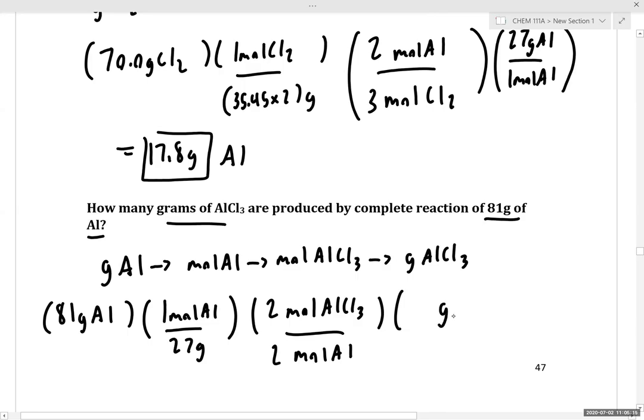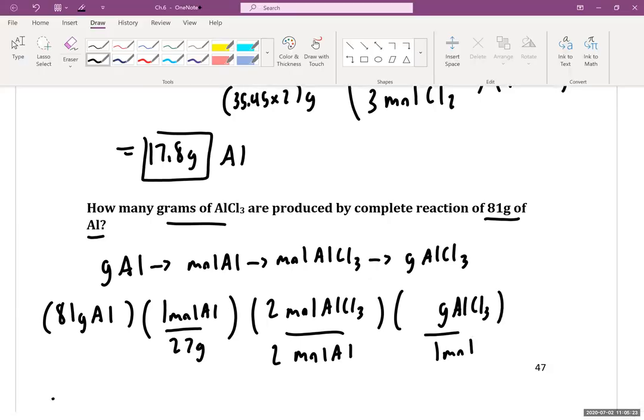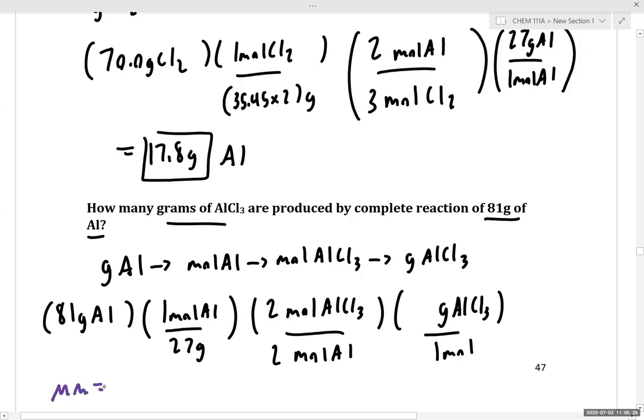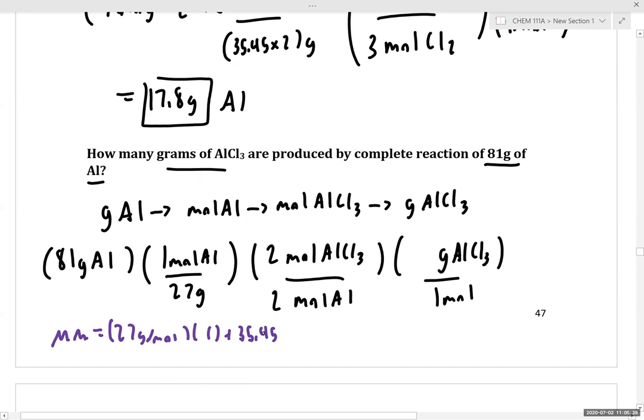Okay. And now we have to look at how many grams of aluminum chloride are present in 1 mole. So let's do a quick sidebar molar mass calculation. So we have 27 gram per mole times 1 plus 35.45 gram per mole times 3. Okay, punching that into our calculator, we get 133.35.